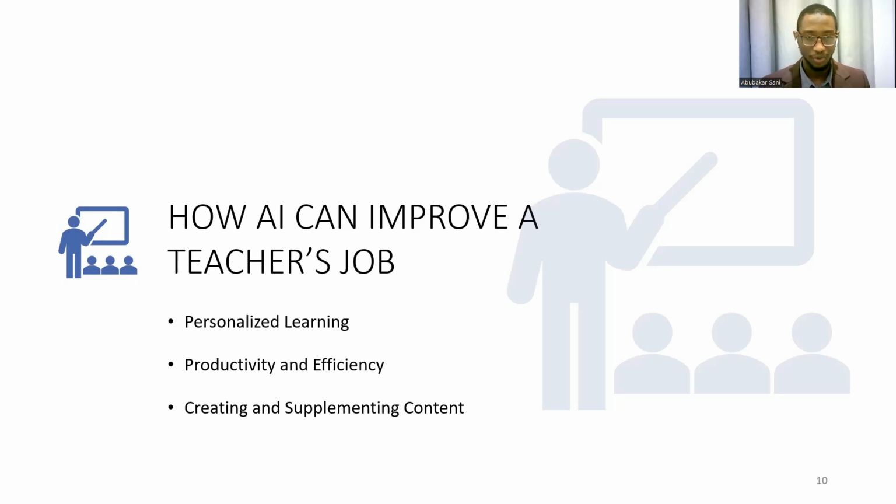Then lastly, we will look at how you can create and supplement content. There are so many use cases of where AI is used to create and supplement content. In the universities, for example, Michigan University uses AI to generate textbooks. They had old textbooks whose information was outdated, but general purpose AI such as GPT has been trained with almost up to date data.